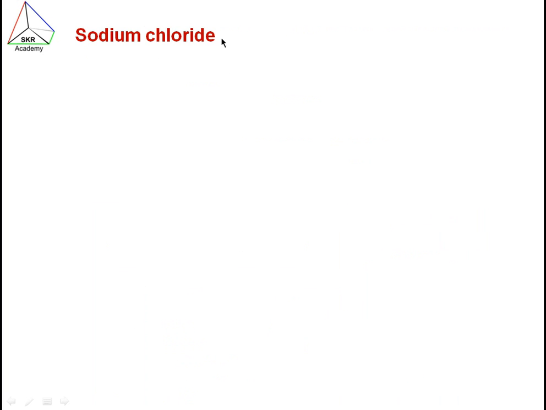For example, sodium chloride. If it is written in text form like sodium chloride, how will you write its formula? There are two things here: one is sodium and the second is chloride. Sodium in the periodic table falls in the first group, far left, and that group has a positive 1 charge.